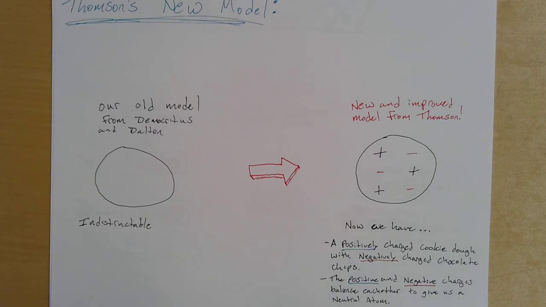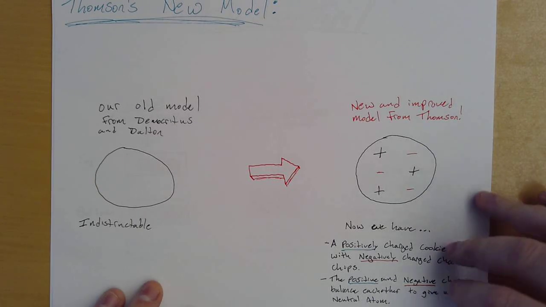Now those negative pieces can be moved. They can be moved within that atom, and they can also be moved away from that atom and taken out and put into something else. So they can move. When they're balanced, we get our neutral atom, and they want to be neutral, which is what's really neat about these.